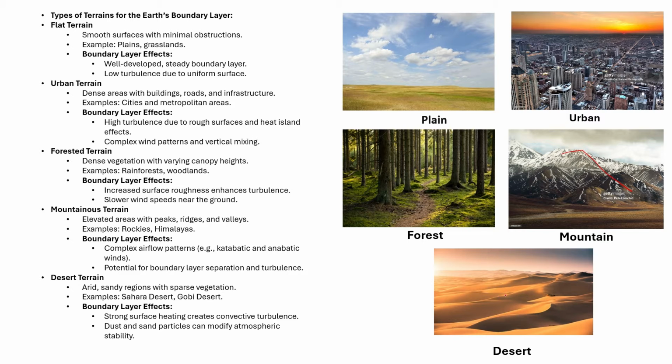Then if you take a desert region, other than the mechanical turbulence, there is a lot of convective turbulence. That is two types of turbulence: one is the mechanical turbulence, another one is the convective turbulence. Mechanical turbulence is whenever there is a flow over objects like trees, mountains, etc. Convective turbulence means turbulence due to heat transfer.